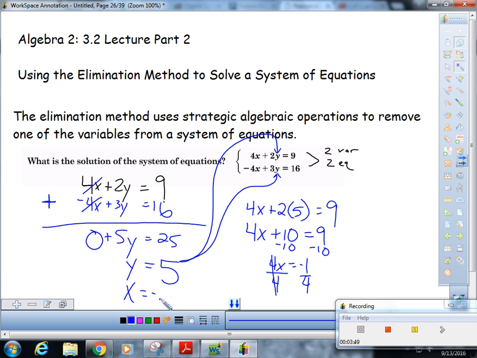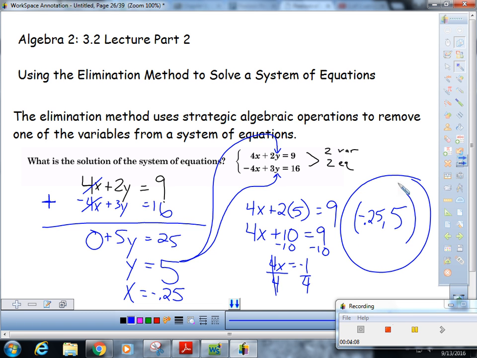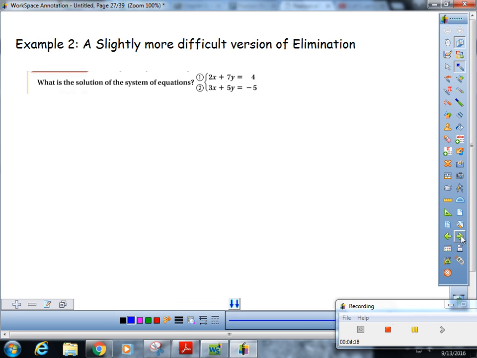Or negative 0.25. So our solution to this system would be negative 0.25, 5. Okay? So now you know your third method: elimination, substitution, graphing. Sometimes the directions will tell you which one to use, and sometimes they will not.